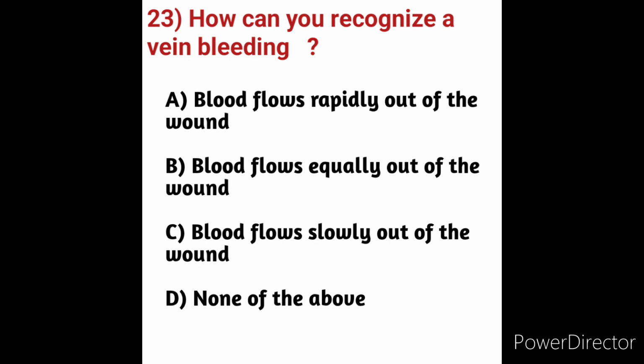Also, because veins are not under direct pressure, the blood flows steadily but comes out less forcefully than with arterial bleeding. The first aid treatment is to apply direct pressure to the bleeding area. So option B is the correct answer here.